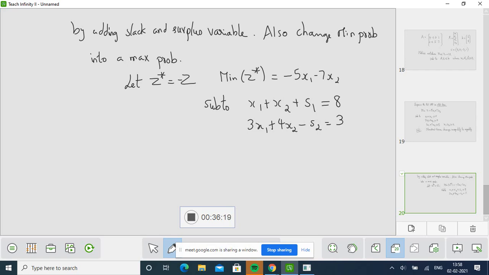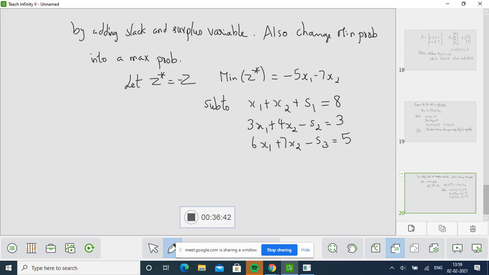The third constraint, 6x1 plus 7x2 minus s3, is equal to 5.